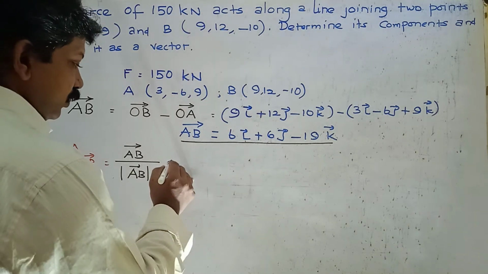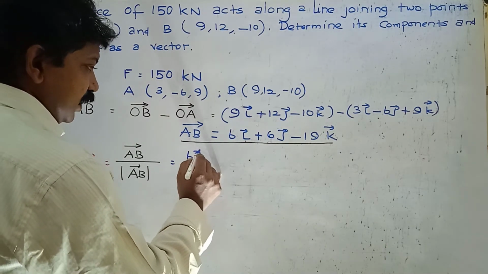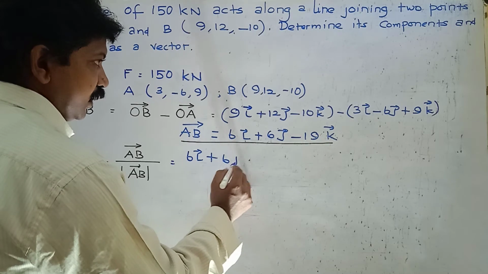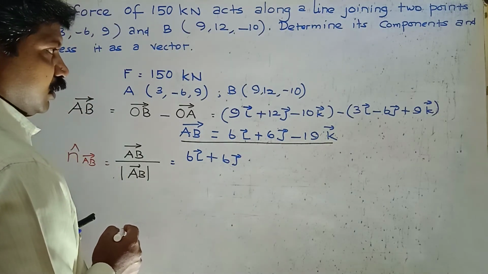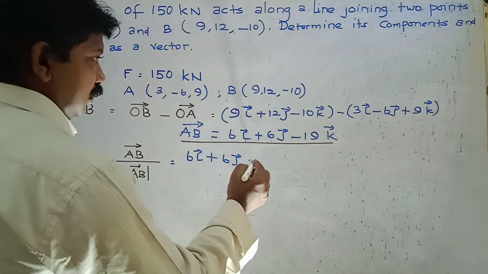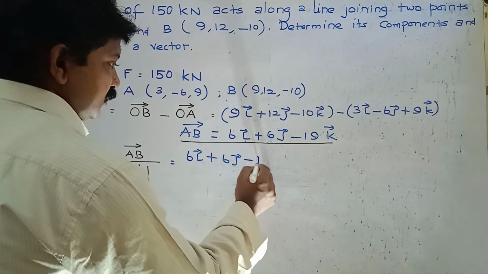So AB vector equal to 6I vector plus 18J vector minus 19K.